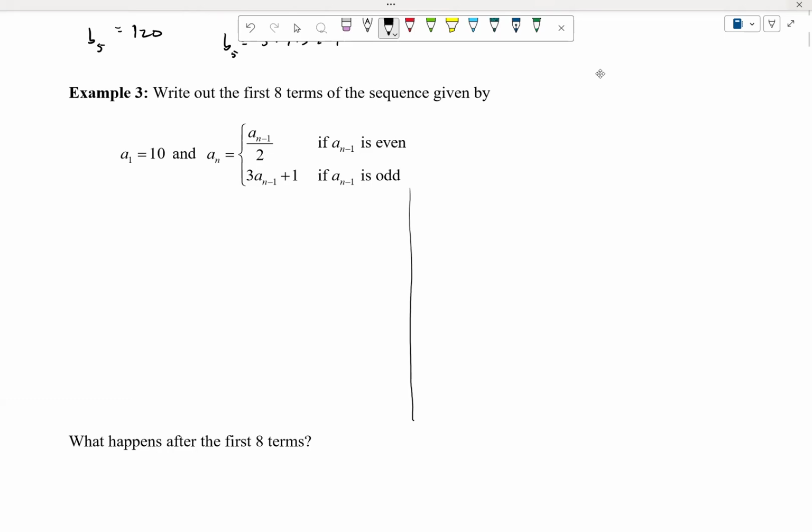Students discuss the problem in overlapping conversation: the first one for A2 and the previous term is A1, so you plug the previous term in.